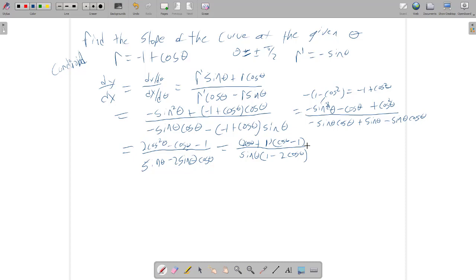Yeah, nothing's going to reduce, so it's kind of pointless. But let's see, cosine of pi over 2 is 0. So this is 1 times negative 1 over sine of pi over 2, which is 1, 1 times 1. So that is negative 1 at pi over 2.